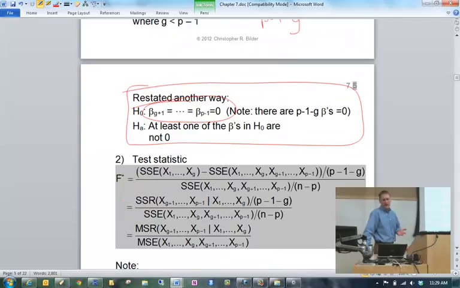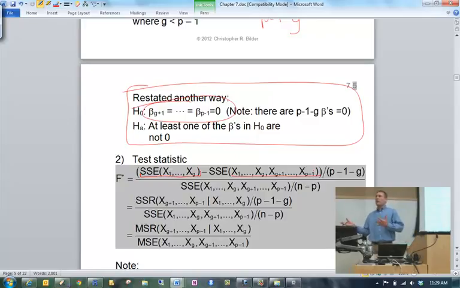So what do we use then as a test statistic? Well, this is where these sums of squares that we've been talking about come into play. Naturally, based upon the motivation I gave you before, you might say, well, let's take the sums of square error that we had for this reduced model and subtract off the sum of square errors for the complete model.